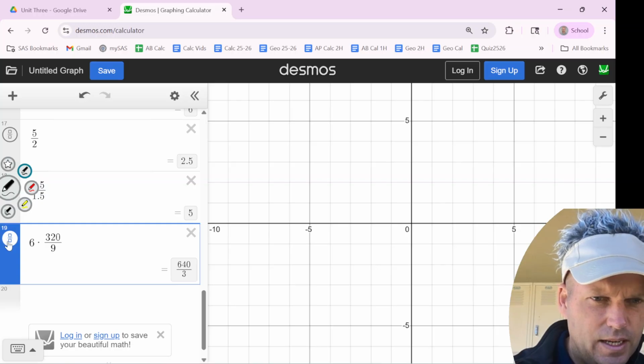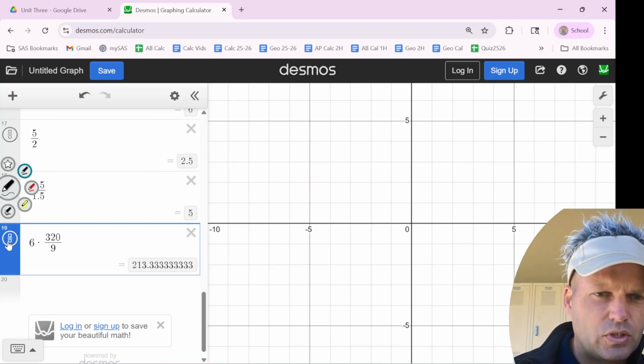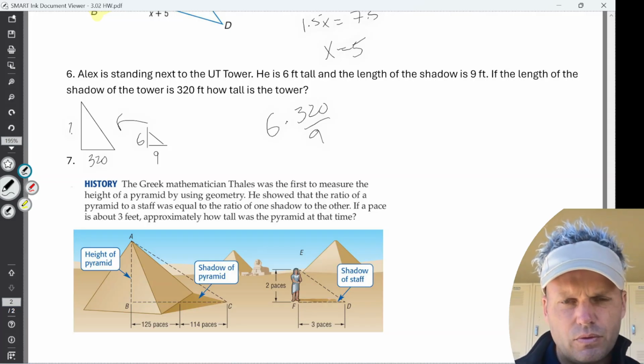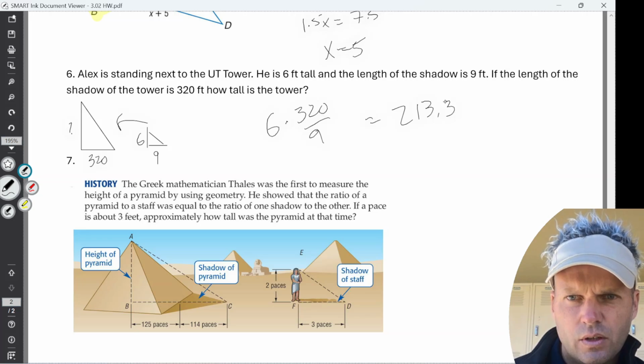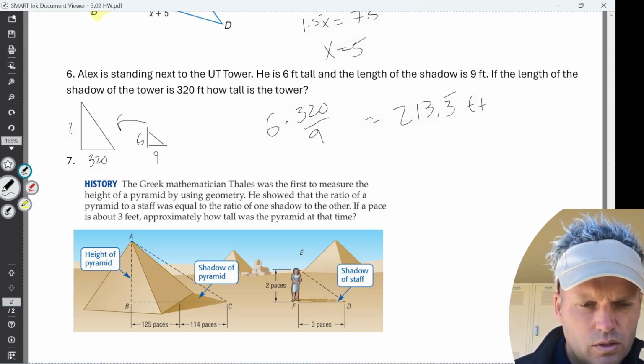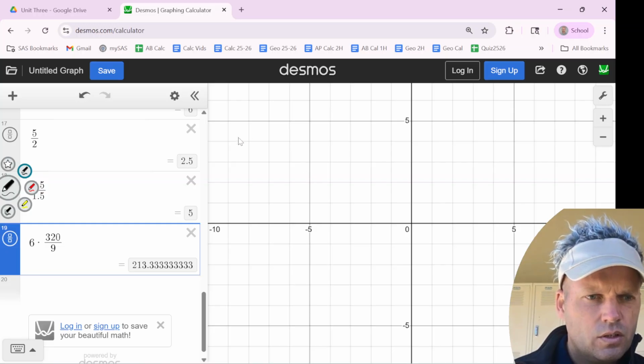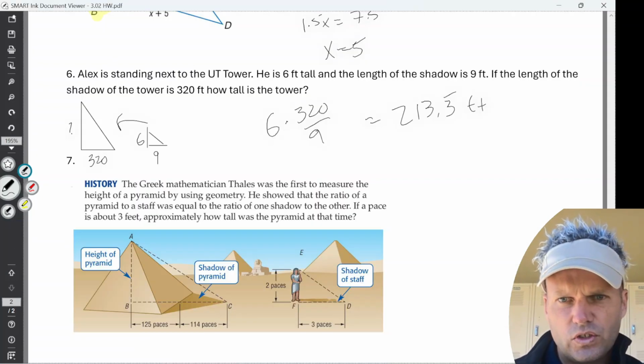Sorry, I didn't put a times. That's 213.3333, so 213 and a third feet, or 640 thirds feet.